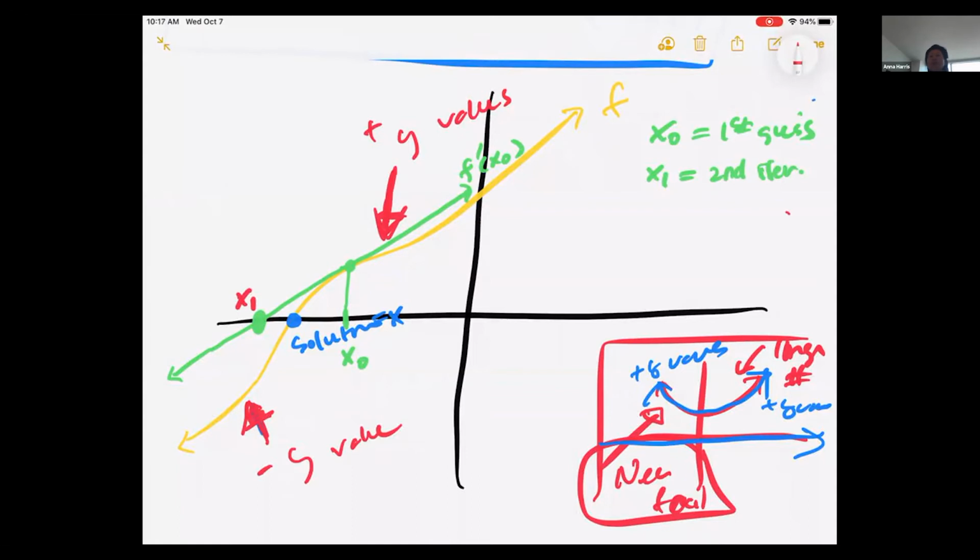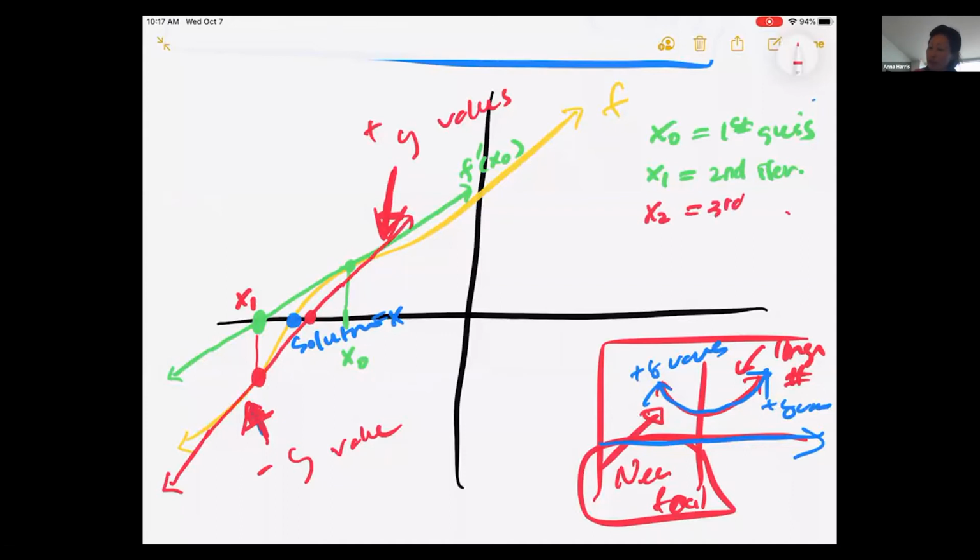Okay, now since x1 is not close to the real solution, I'm going to do another thing. I'm going to draw another tangent line. Okay, this time, the x2 is much closer to the real solution.